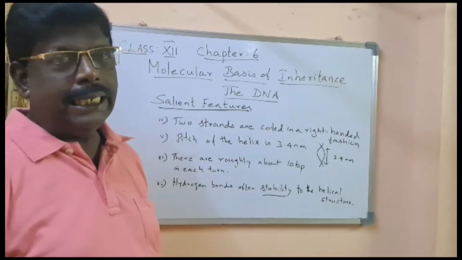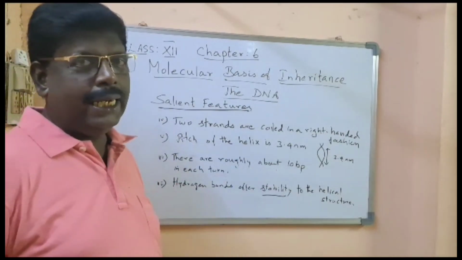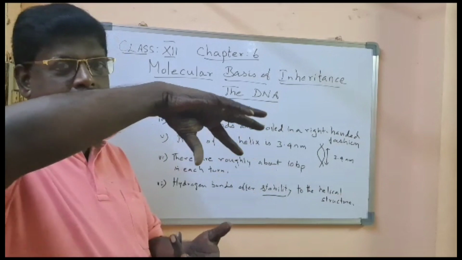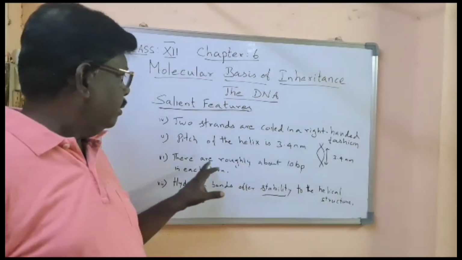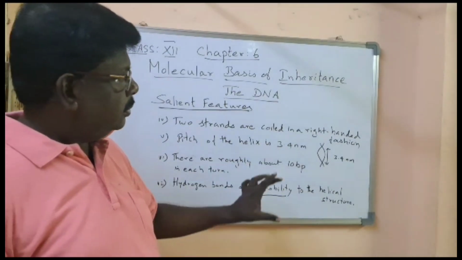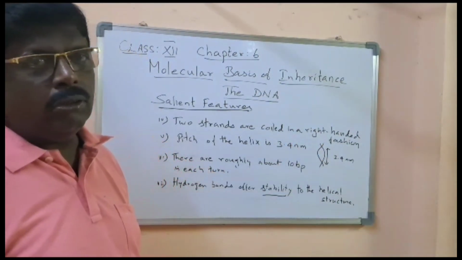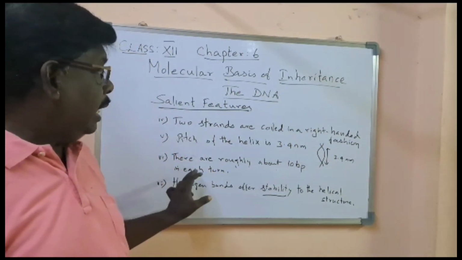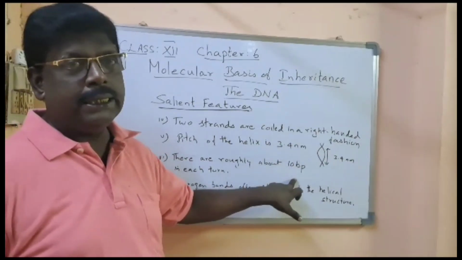Okay, the other salient features. Two strands are coiled in a right-handed fashion. The way it is being twisted is in a right-handed fashion. The pitch of the helix is 3.4 nanometers. I have drawn here one helix, which is about 3.4 nanometers, and in that one turn there are about 10 base pairs.